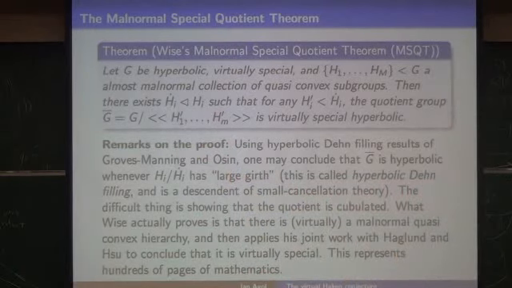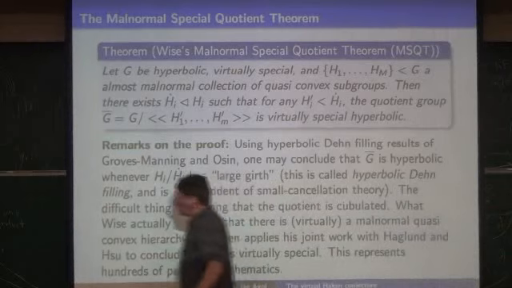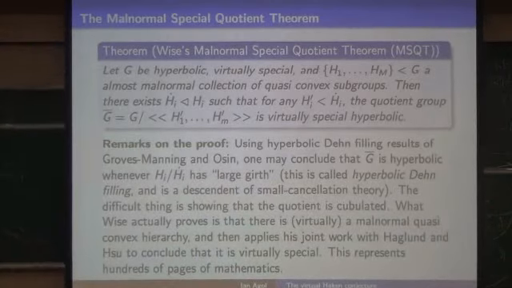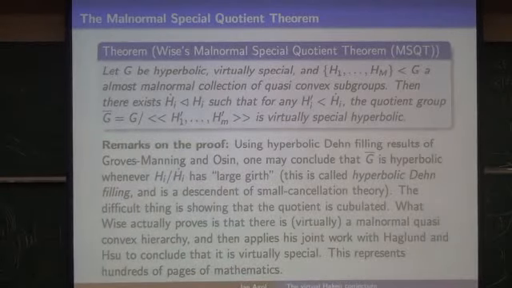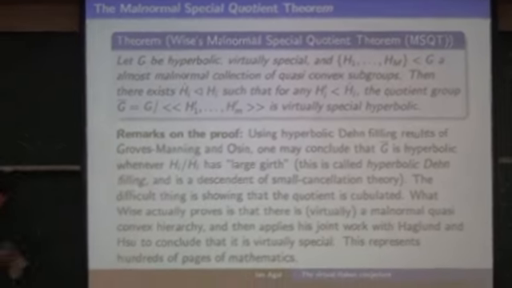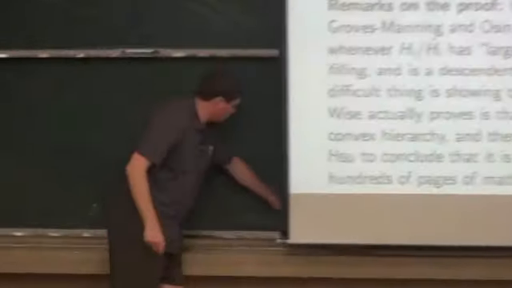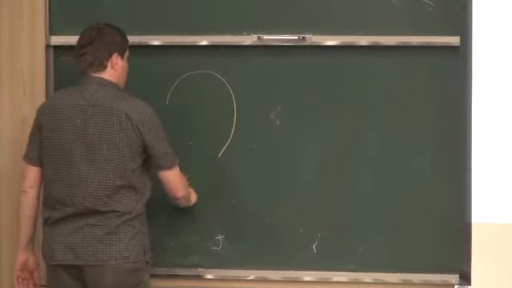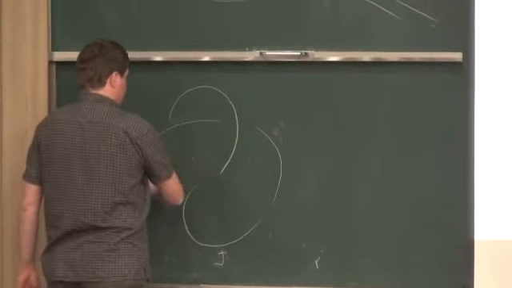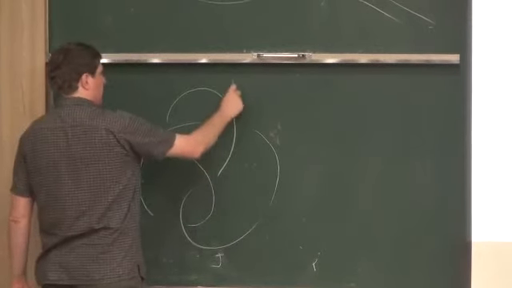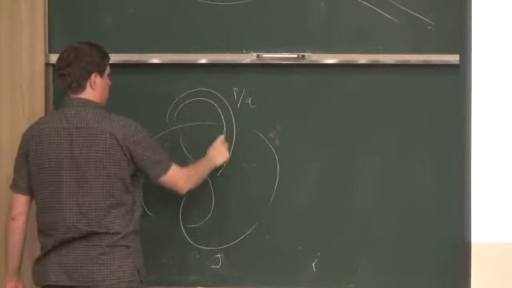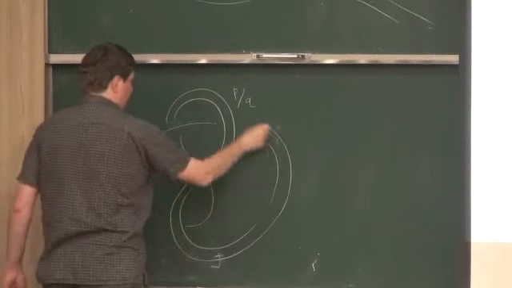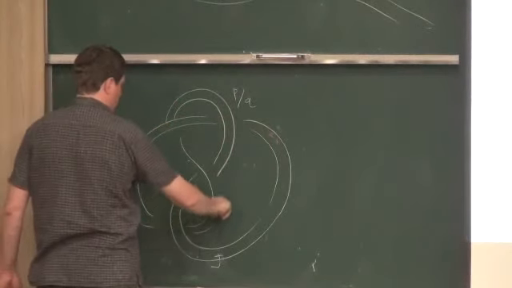When you do a Dehn filling, maybe I'll draw another picture, on a cusped hyperbolic manifold, just by analogy, if we take, for example, the figure 8 knot and we do a p over q surgery on that, then it's hyperbolic relative to the Z squared subgroup.